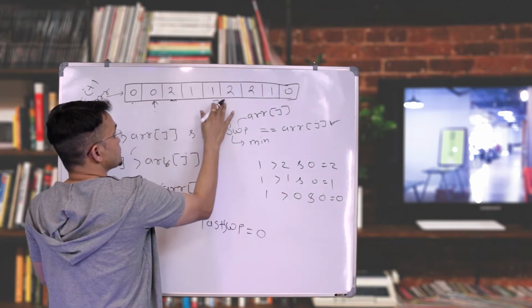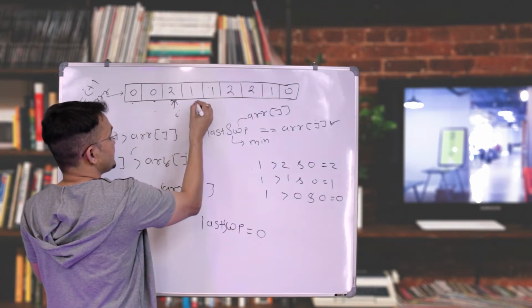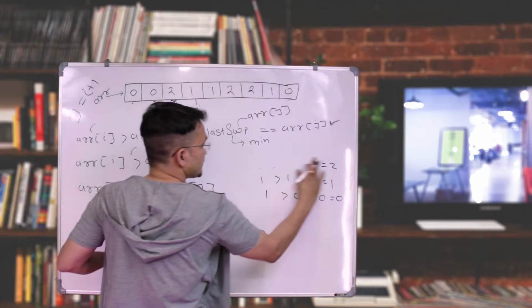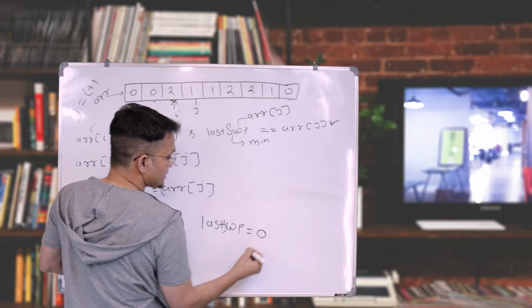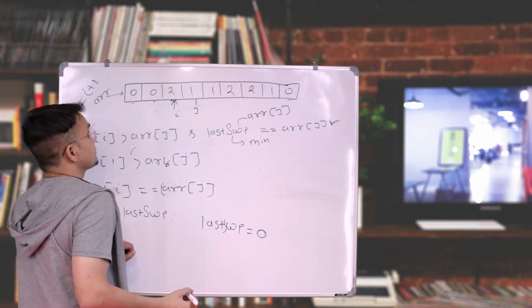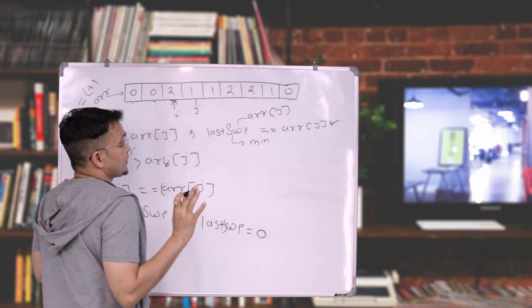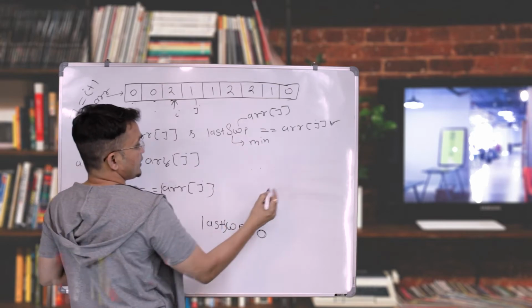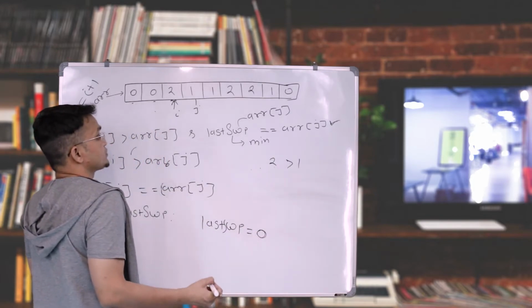Okay, so i will move over here, j will be over here, correct? The last swapped value also will be 0, because I only swapped this ARR of j, so that is the reason it came over here. Okay, now I will compare 2 greater than 1. Yes, it is true.